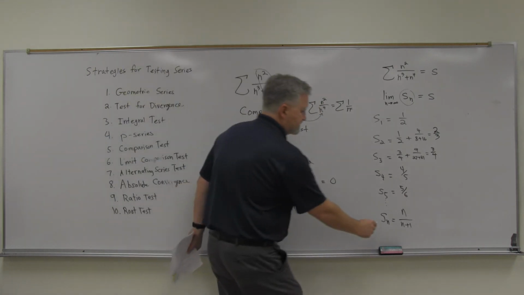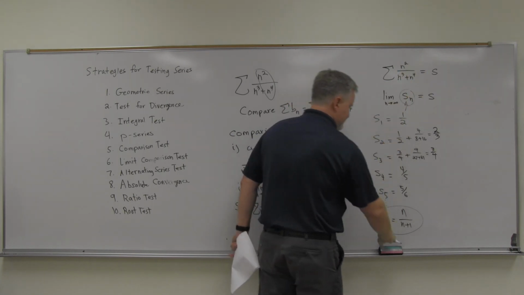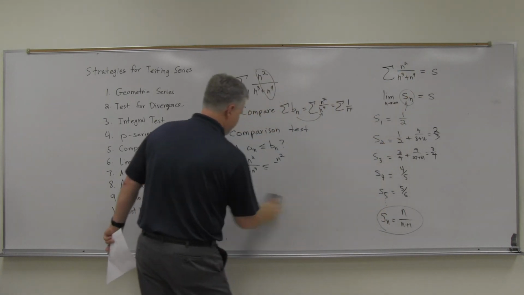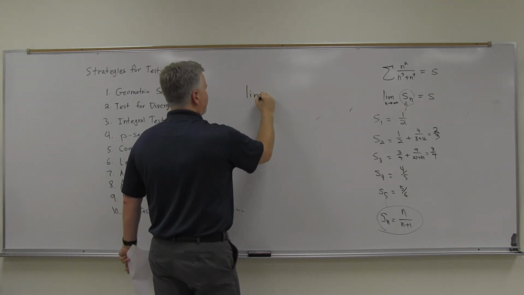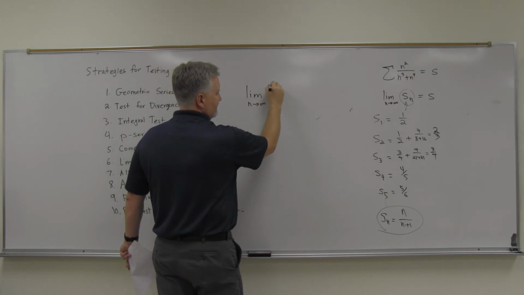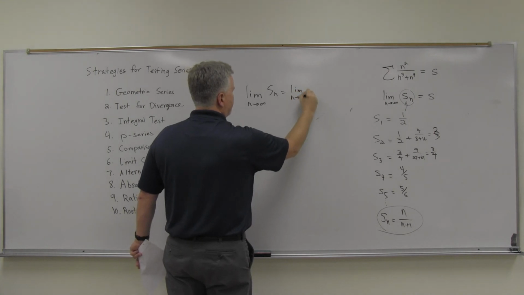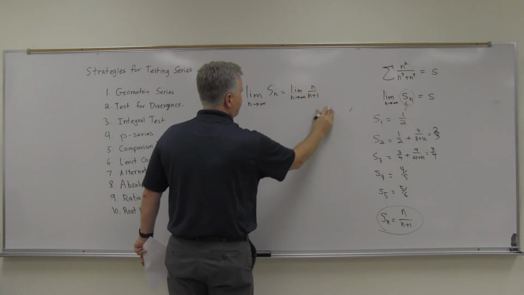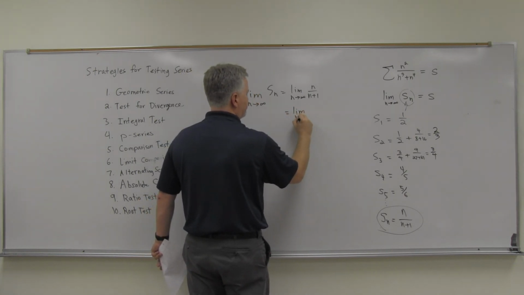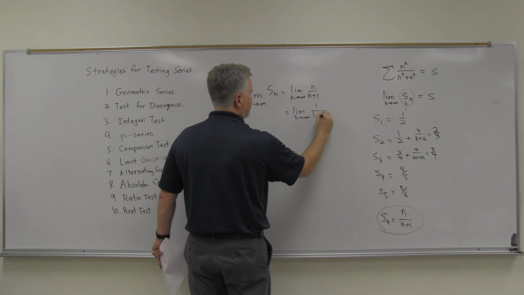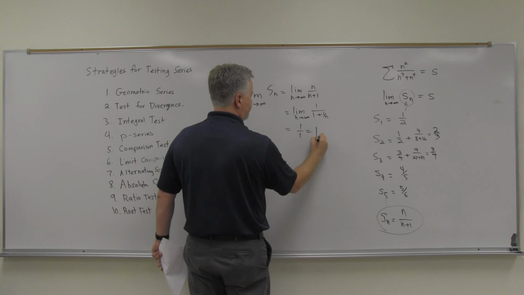So yeah, if I can get this little expression for S sub n, the limit as n goes to infinity, you see, is our sum. So that's going to be a fairly easy one. It's the limit as n goes to infinity of n over n plus 1, which is an easy one. That's just 1. Yeah, 1 over 1 plus 1 over n, divide everything by n, top and bottom. So you got 1 over 1, that's 1.